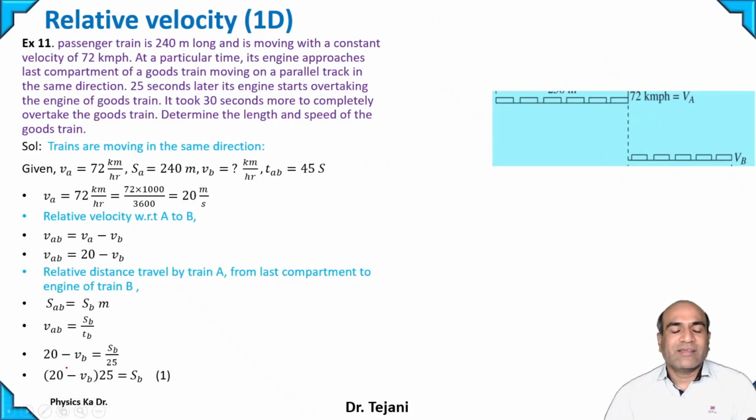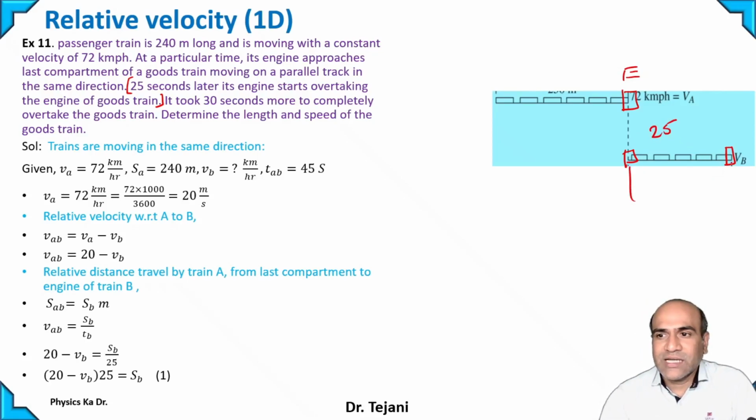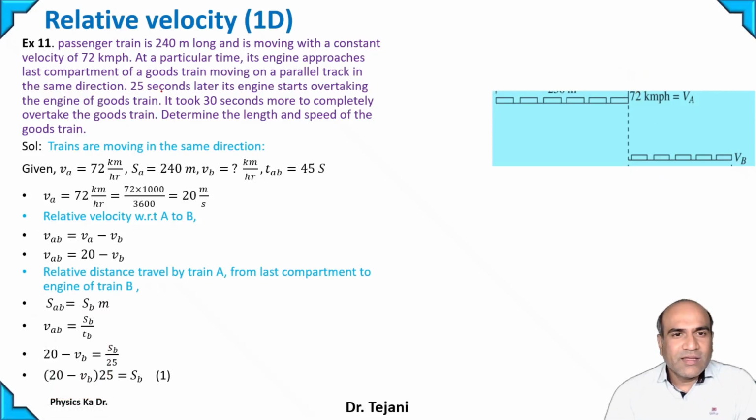Let's erase everything. So we got the equation for this condition. In the 25 seconds the engine reaches from the end of the train to the engine of the train, and the distance traveled is SB. Fine. Now for the remaining case, it took 30 seconds more to completely overtake the train.